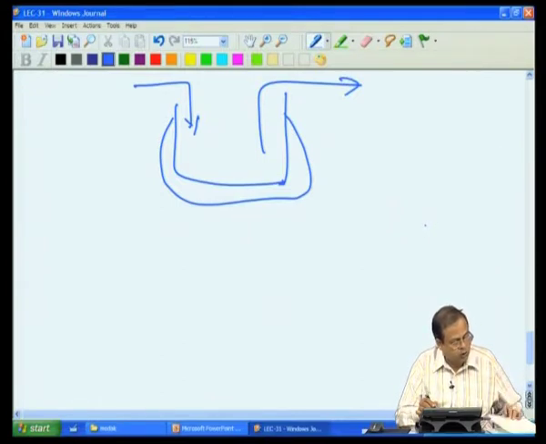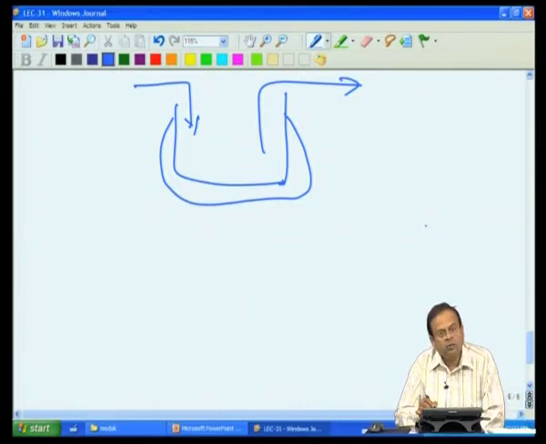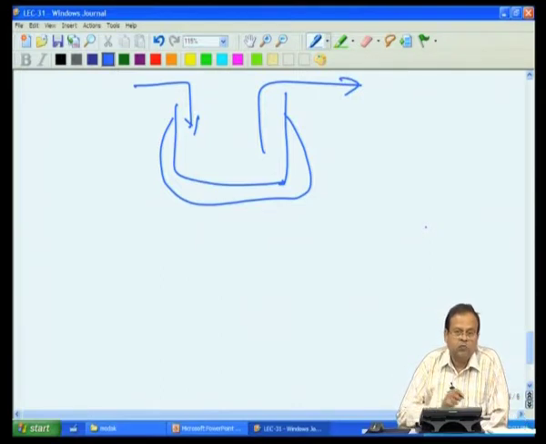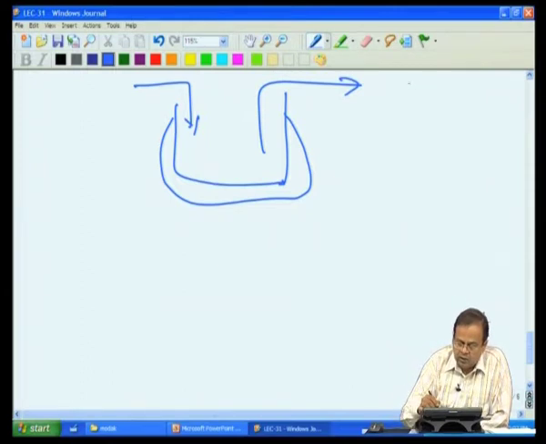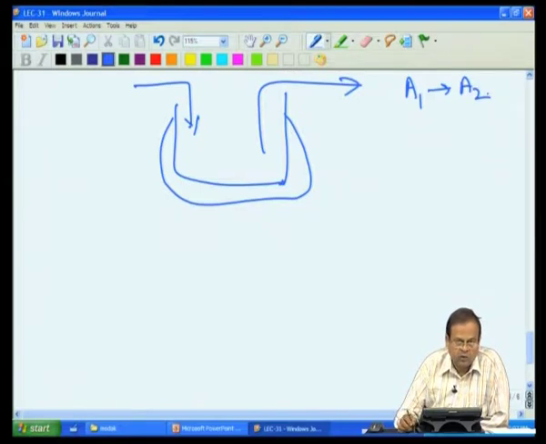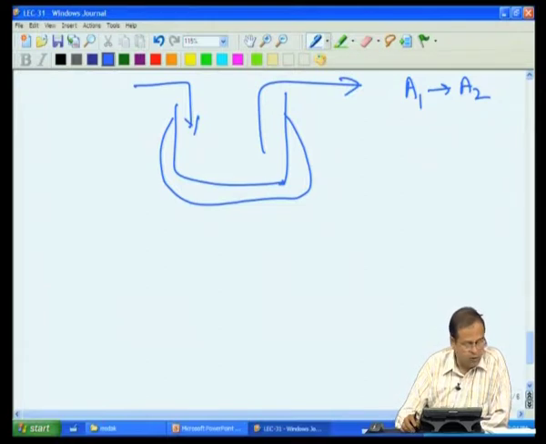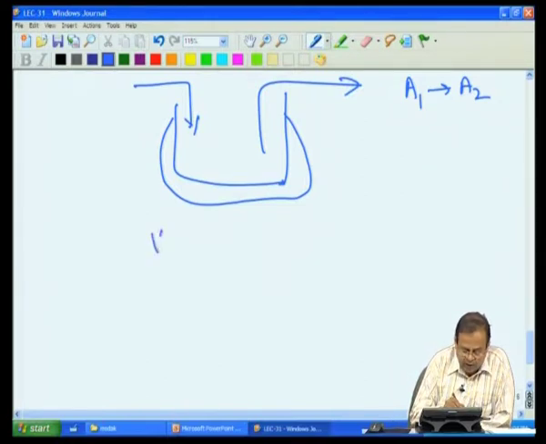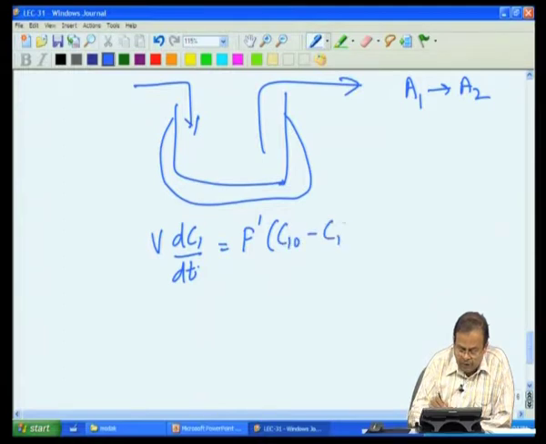Okay. So, let us try to write down the mass and energy balances for the stirred tank reactor by again taking A1 going to A2, an exothermic reaction as our model reaction, and let us try to see what will happen.